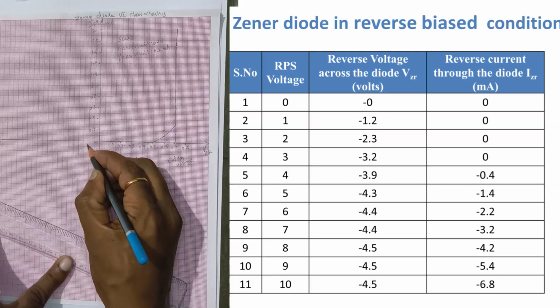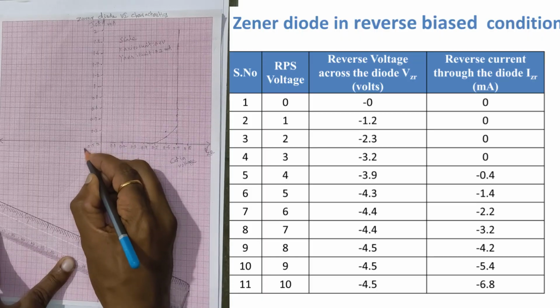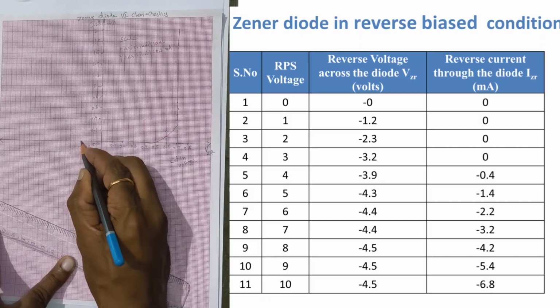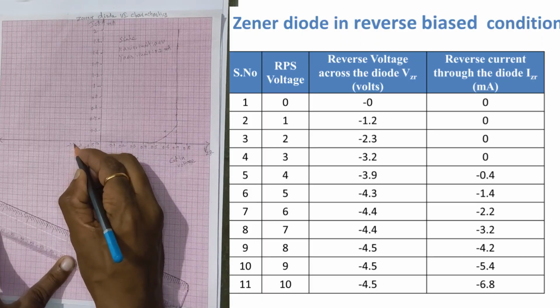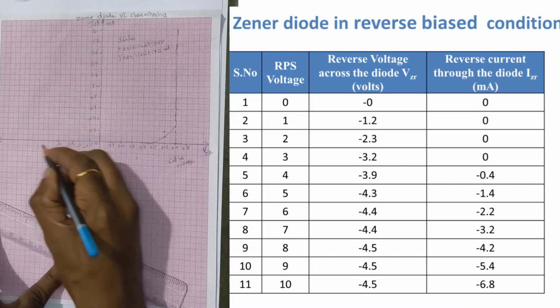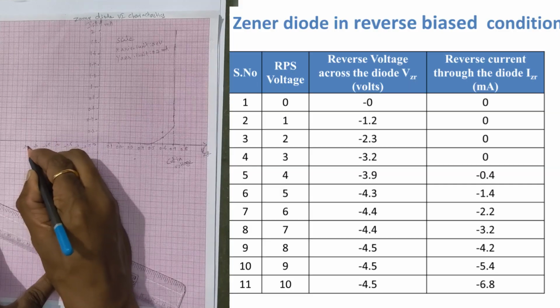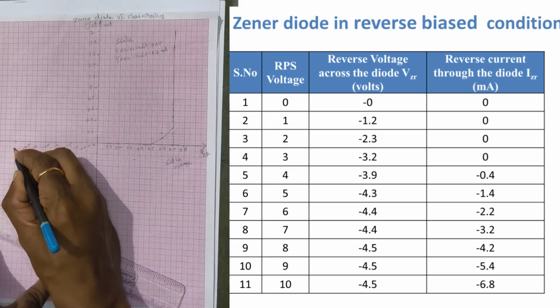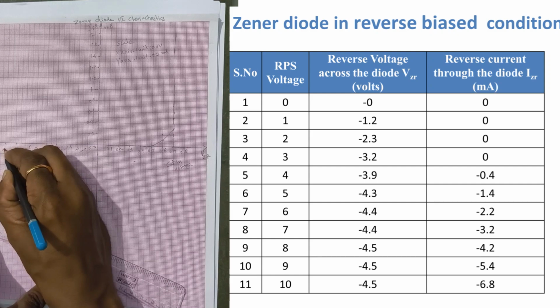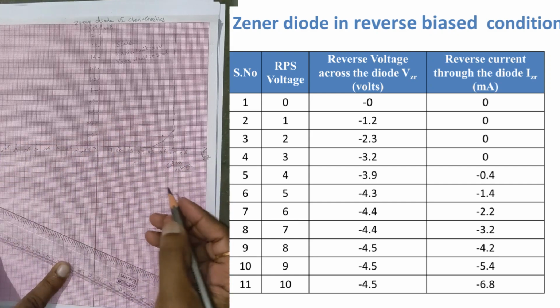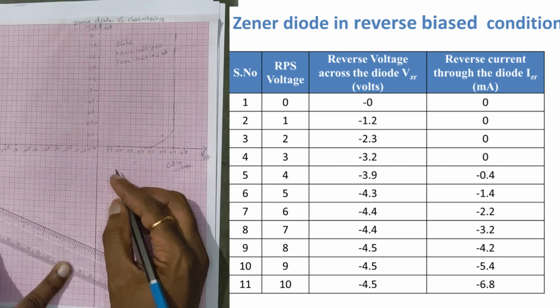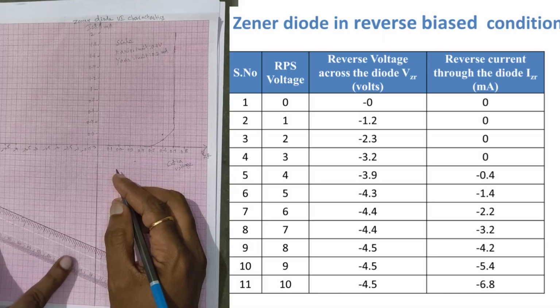Now we are considering 0, minus 0.5, minus 1, minus 1.5, minus 2, minus 2.5, minus 3, minus 3.5, minus 4, minus 4.5. Minus 4.5 is the maximum reverse voltage we applied.